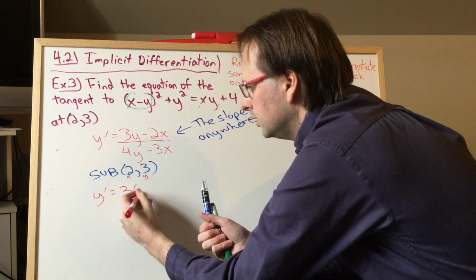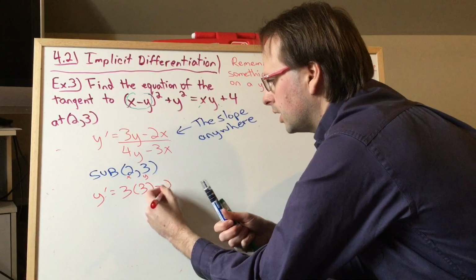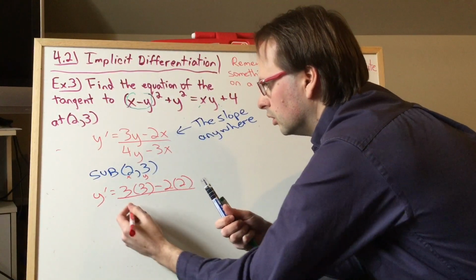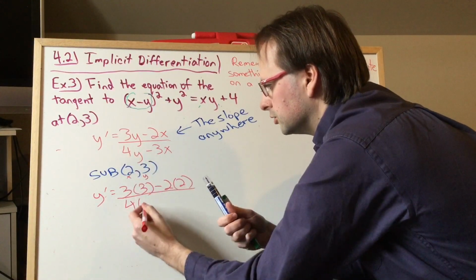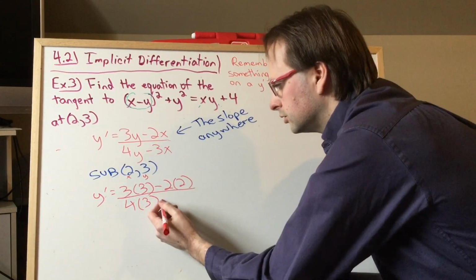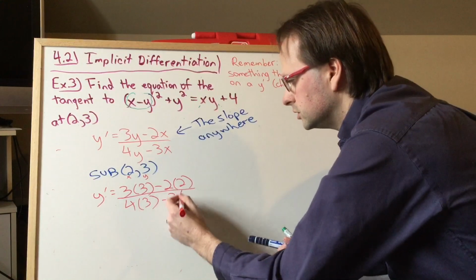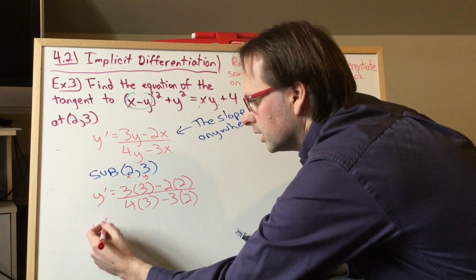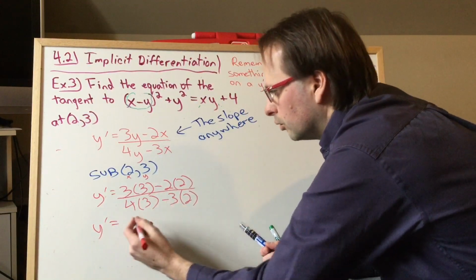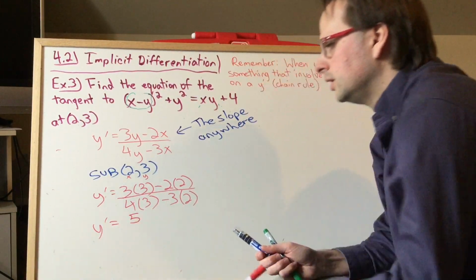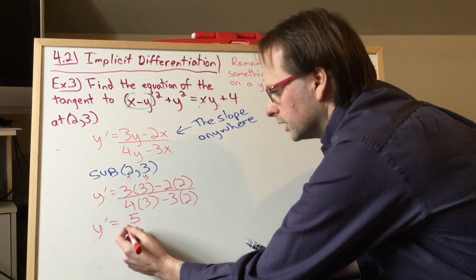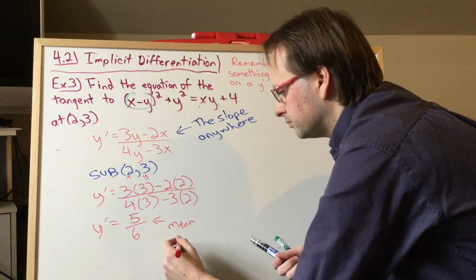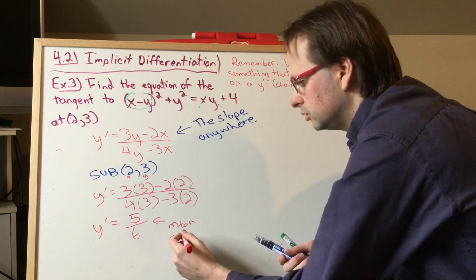So 3 times 3 minus 2 times the x value, which is 2, all over 4 times the y value, which is 3, minus 3 times the x value, which is 2. Okay, clean it up a little bit. That's 9 minus 4, so that's 5. We've got 12 minus 6, so that's 6. This is the slope of the tangent at the point 2, 3.